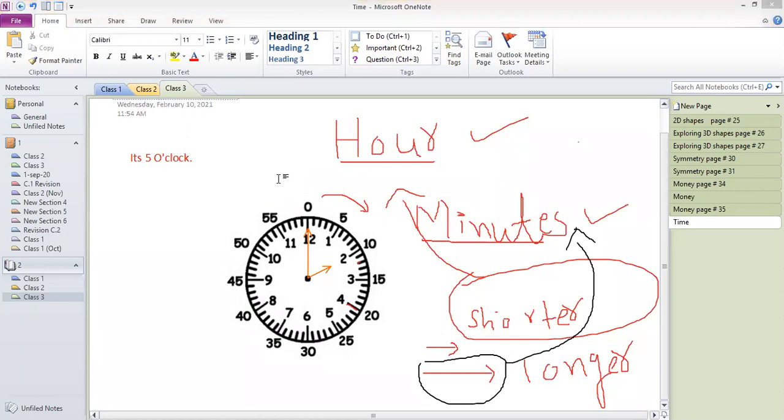Guys, when no minute has passed, when 0 minutes have passed, you will write the time in that way. Jihad Muhammad, very good. Jihad Al Sayyed, very good. Abdullah, very good.